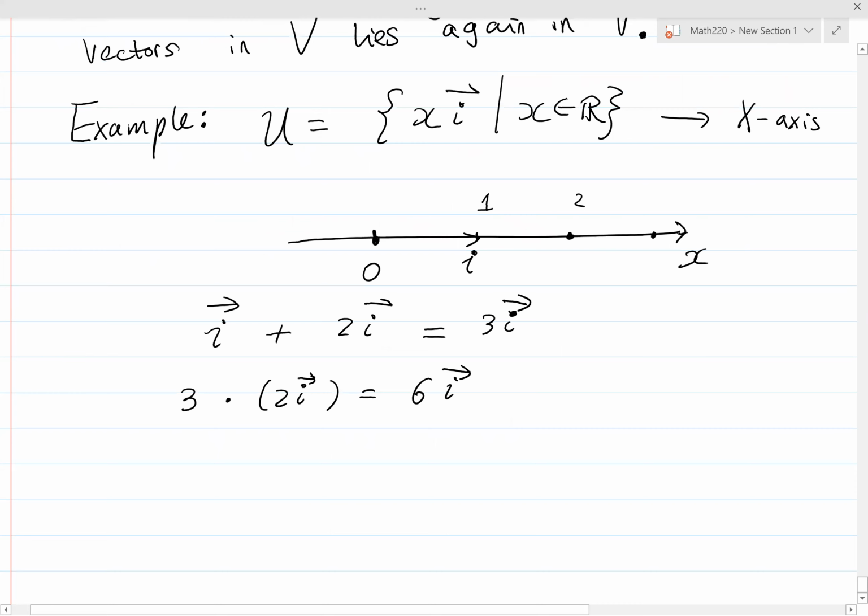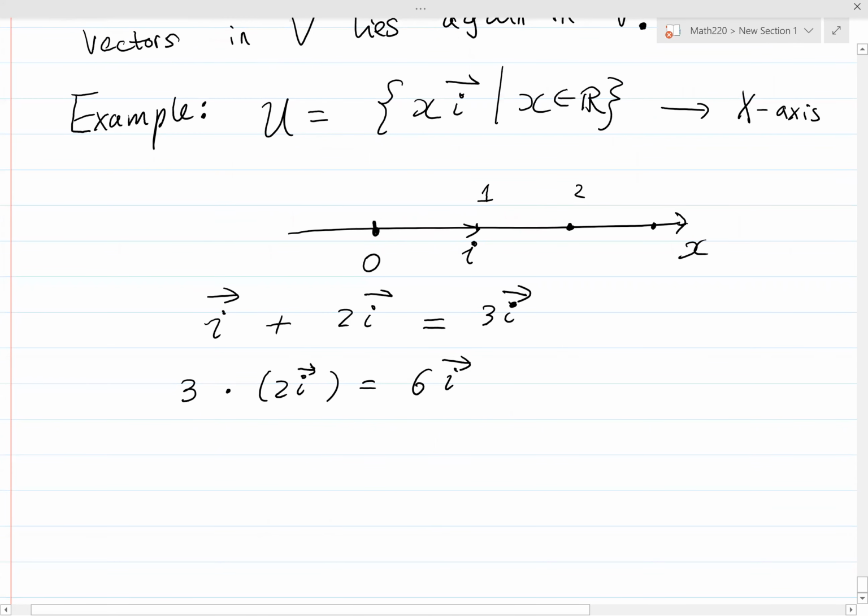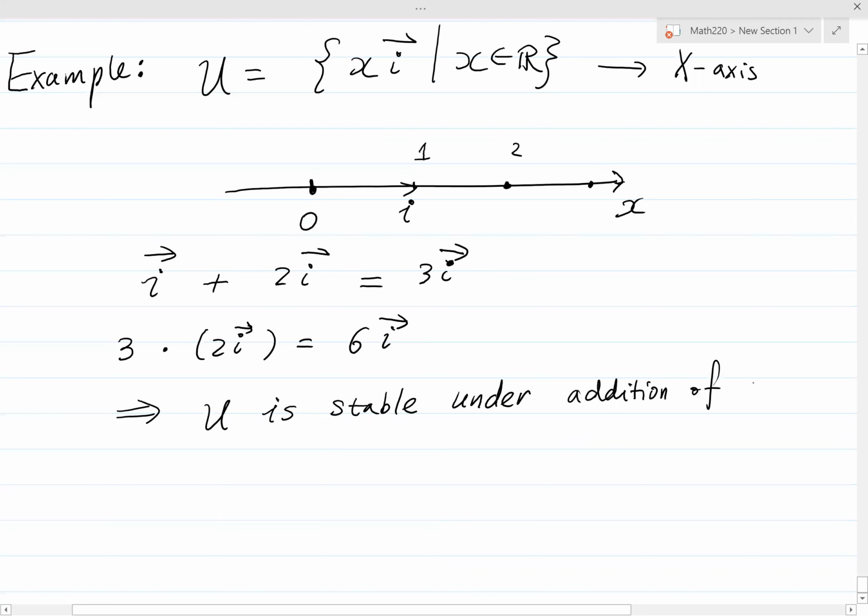So U is a vector space. U is stable under addition of vectors and scalar multiplication. Subtraction is a special case of addition.